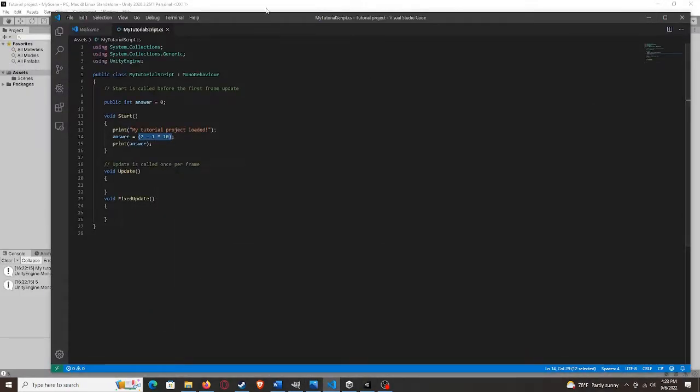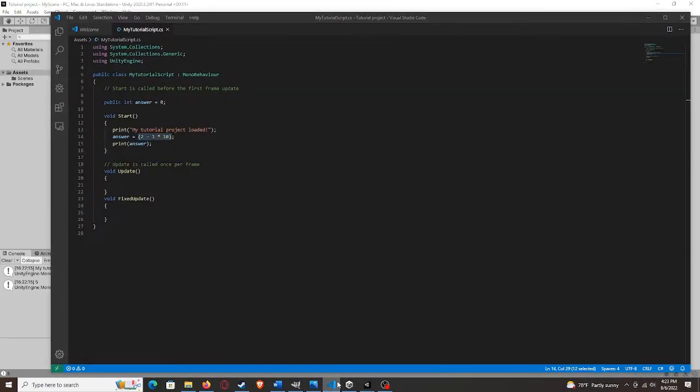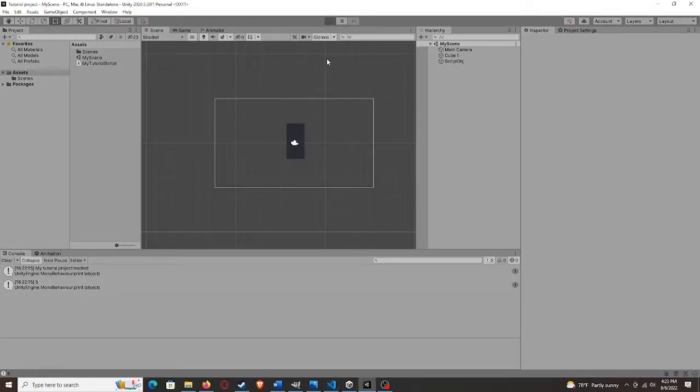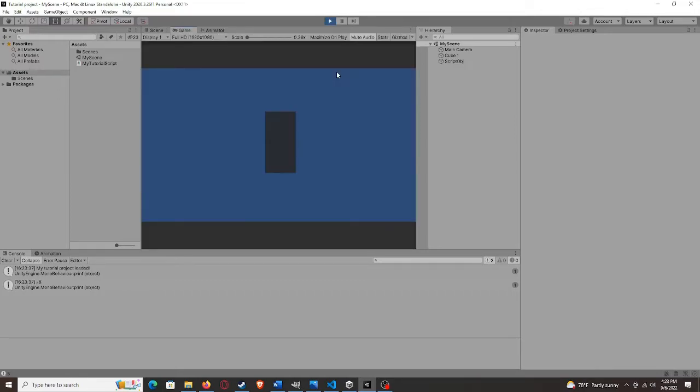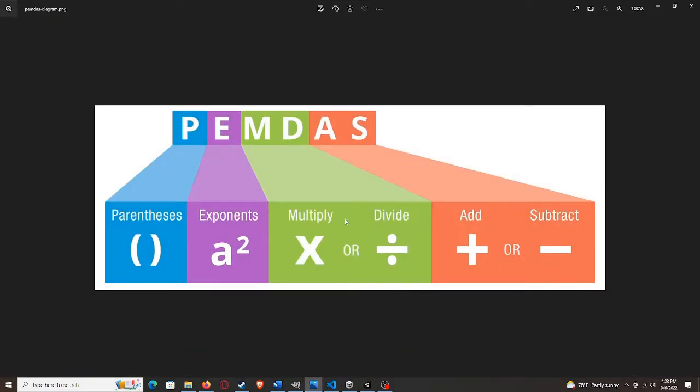Let's go in and print it. Let me make sure I saved it. Yeah, I saved it. Okay, we're getting -8. Why is that? Because multiply operations go before subtract.